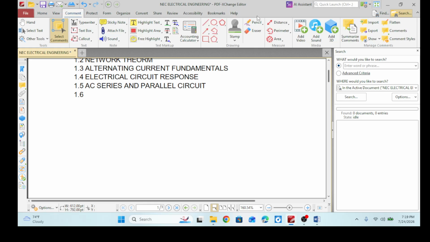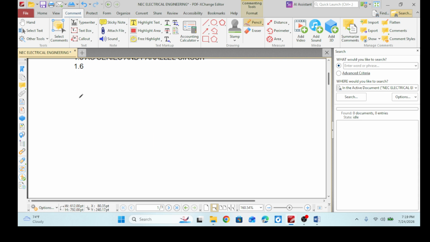Now, transient analysis of RL circuit. Consider a circuit that has a voltage source and an inductor.